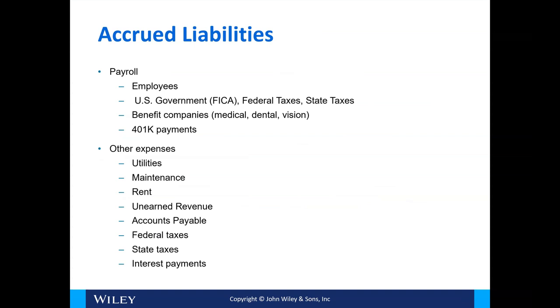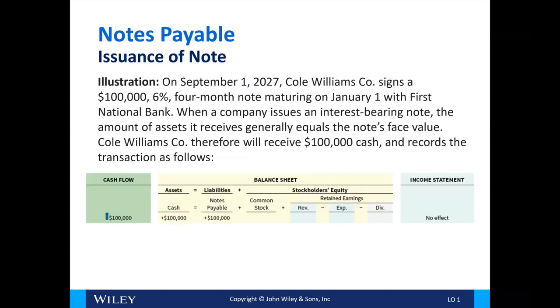We don't satisfy that liability until we pay them. Others are utilities, maintenance, rent, unearned revenue, accounts payable, federal taxes, state taxes, interest payments. These are all things that we have to pay. And if we incur them, we have to put them on our net income statement and balance sheet.